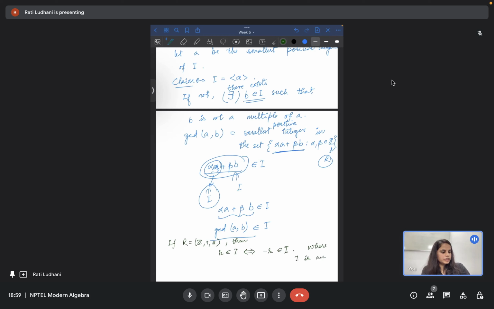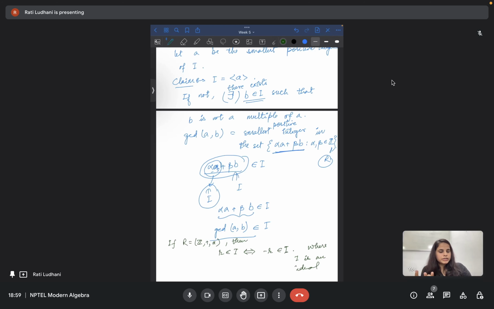Can you tell me why this is true? Anyone? Just think of this statement. In the ring Z there is the element minus 1. And which property will be used here? The second one. Yes, exactly. Very good.